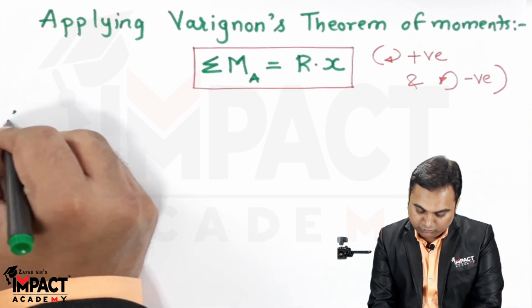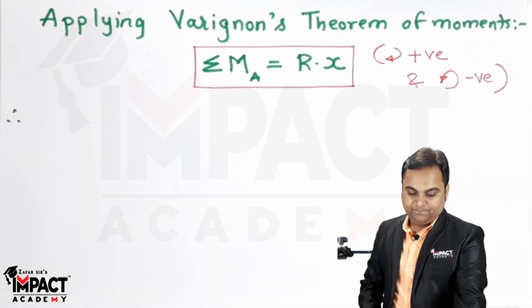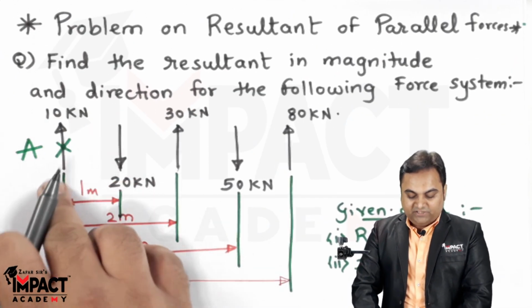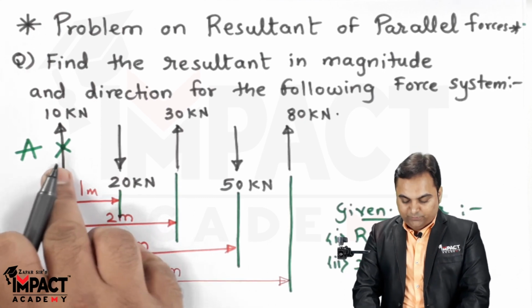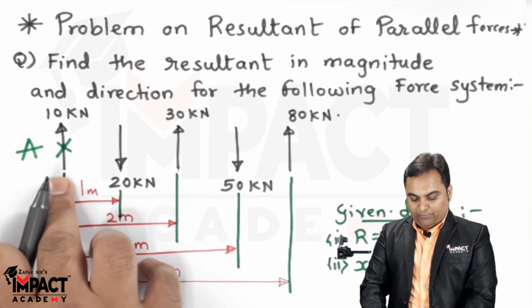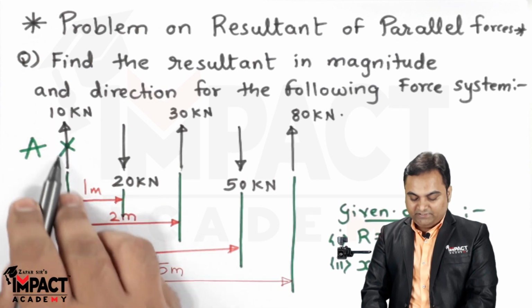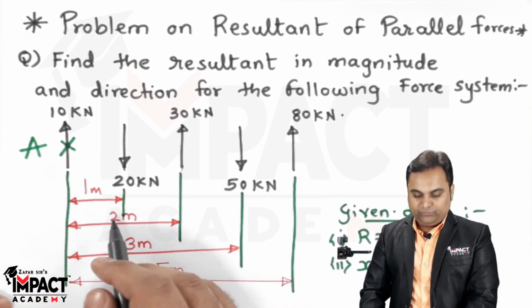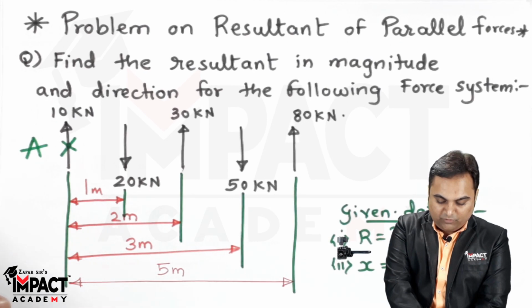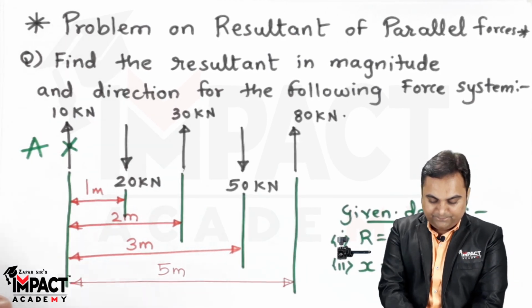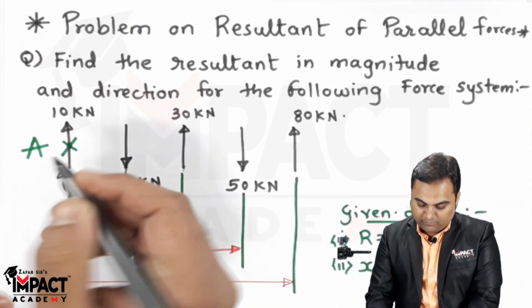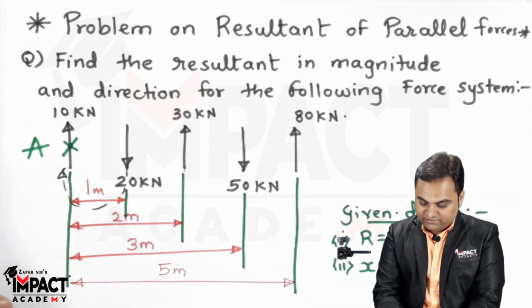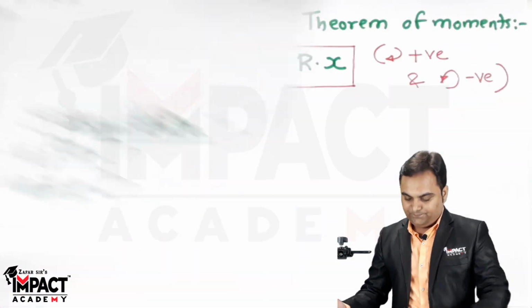So on the left hand side, the moment of this 10 kilonewton force would be 0 because it is passing through the same point, so there is no perpendicular distance between point A and the 10 kilonewton force. Next, the 20 kilonewton force would be producing a moment in the clockwise direction about point A. So that is plus 20 into 1.